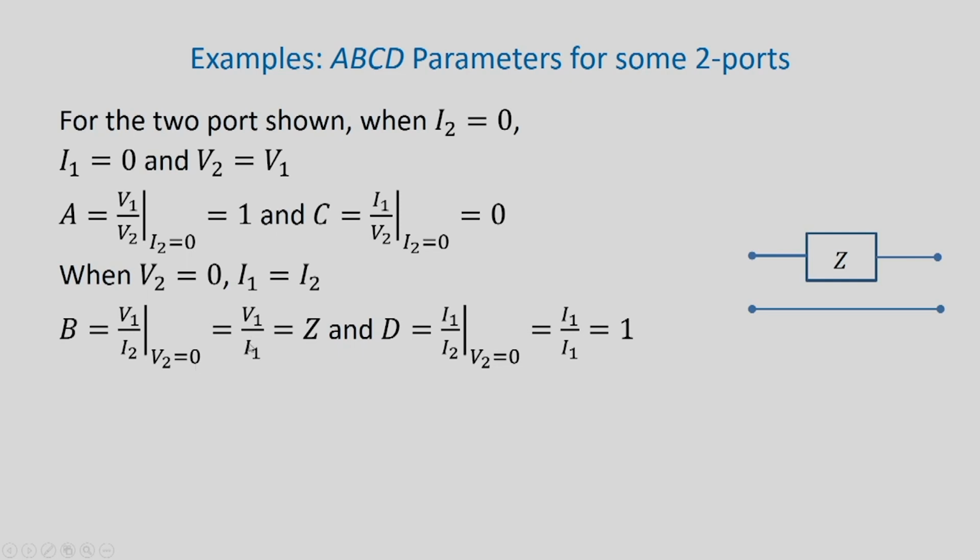It can be written as V1 by I1, and which becomes equal to Z. And D, which is I1 by I2 for V2 equal to 0, becomes I1 by I1, and it becomes 1. So, for this 2 port or this series impedance element Z, we can write the ABCD matrix as [1 Z; 0 1].